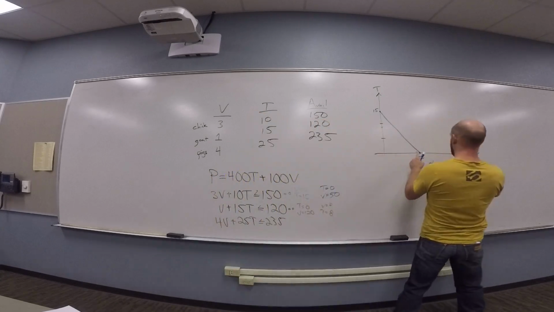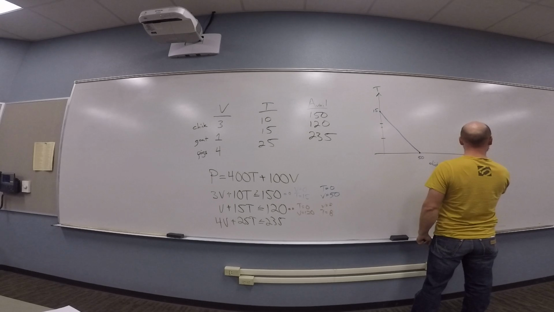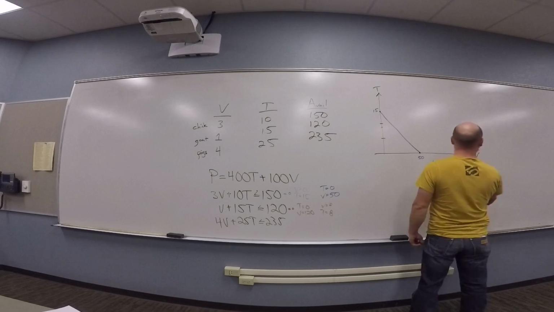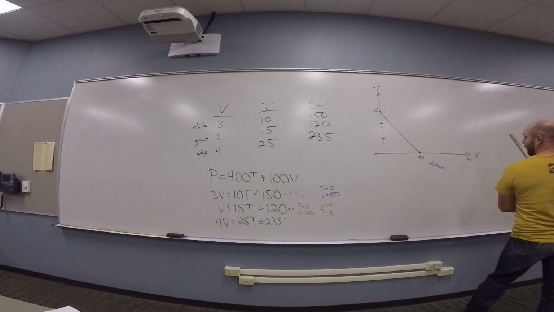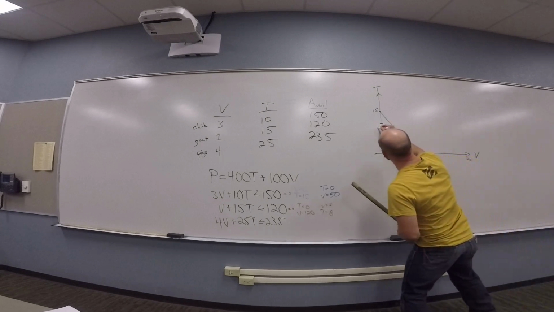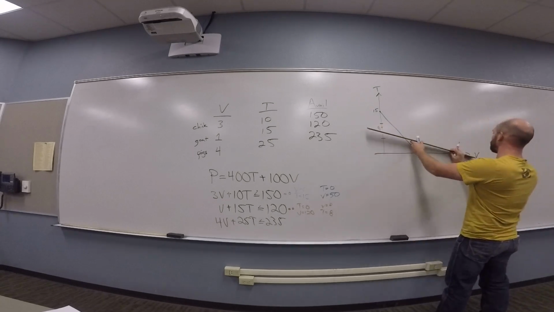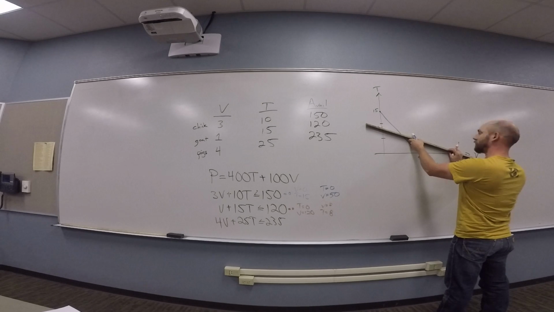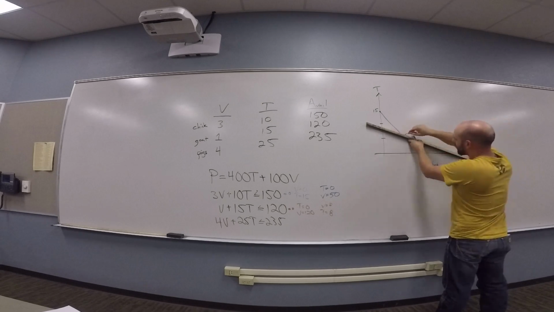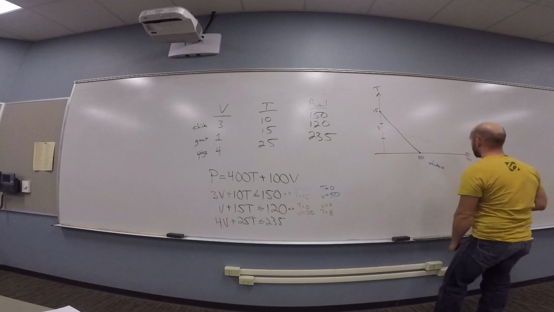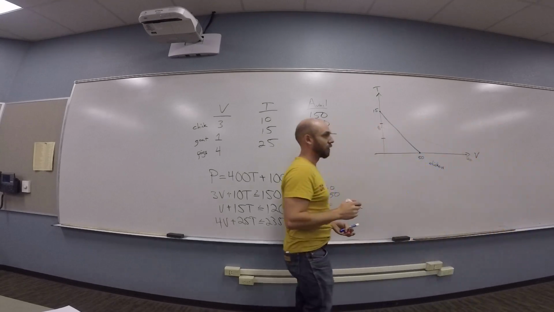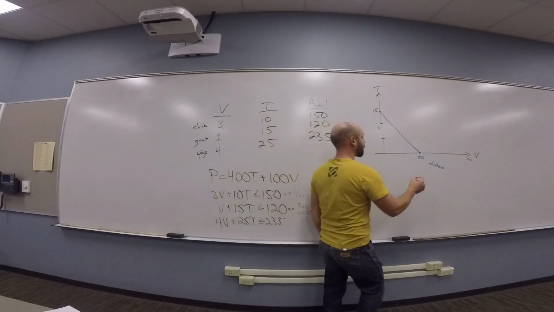So that's 50, that's 100, so 120 might be here. You gotta put the 8 on the other dot. And then I need a line between the two. And that's the goat line.